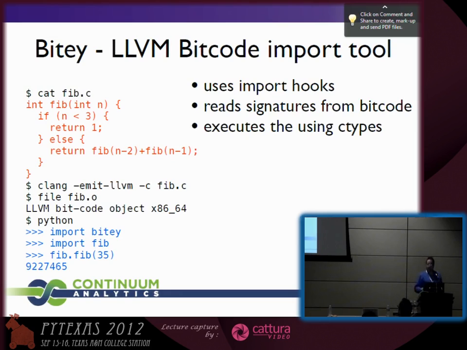The code I show here could be almost as short if I just used ctypes, but with ctypes you would have to tell it the signature of the function you're calling, and that's already included in the bitcode that LLVM produces.